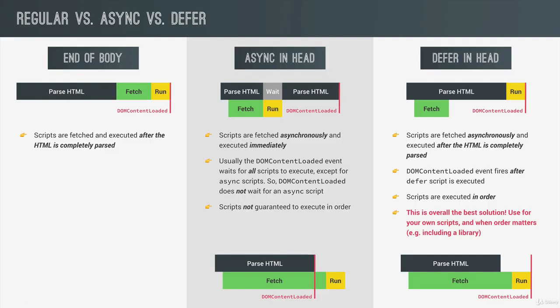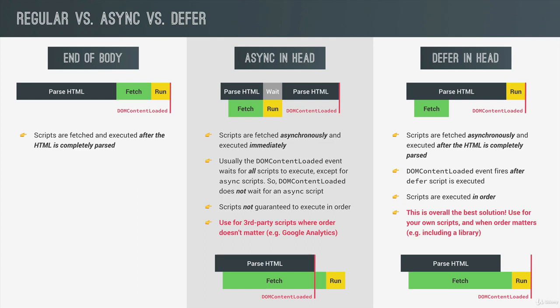Now, for third-party scripts where the order does not matter, for example, an analytics software like Google Analytics or an ad script or something like that, then in this case, you should totally use async. So for any code that your own code will not need to interact with, async is just fine.